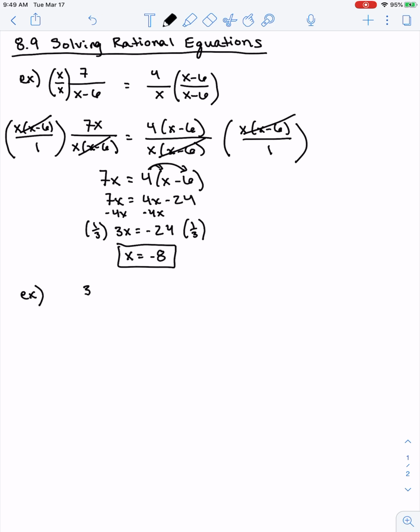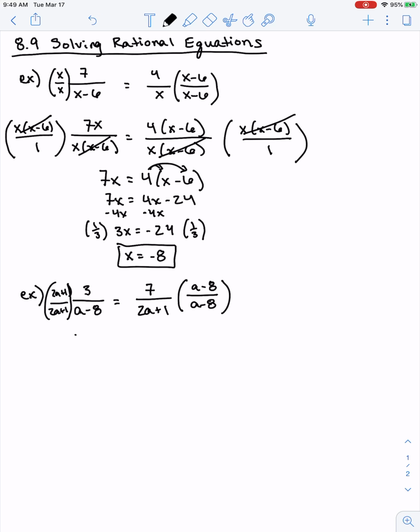If we have 3 all over a minus 8 is equal to a 7 all over 2a plus 1, you can multiply this side by an a minus 8 over an a minus 8, and this side by a 2a plus 1 over 2a plus 1.